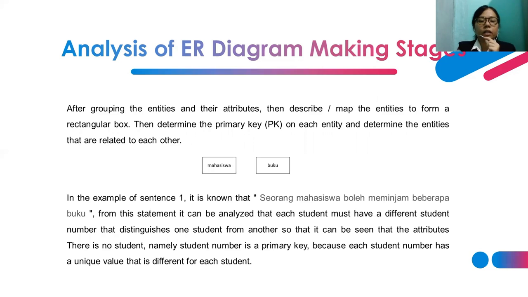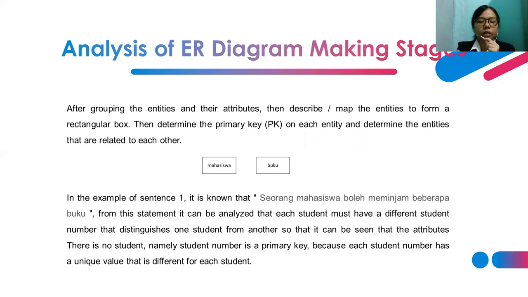After grouping the entities and their attributes, then describe or map the entities to form a relationship group. Determine the primary key on each entity and determine the entities that are related to each other. The example is mahasiswa and buku.